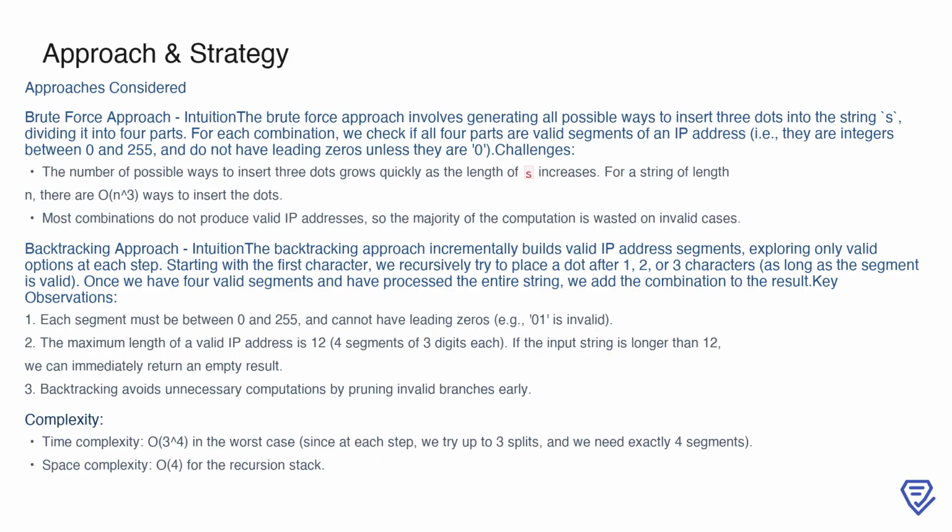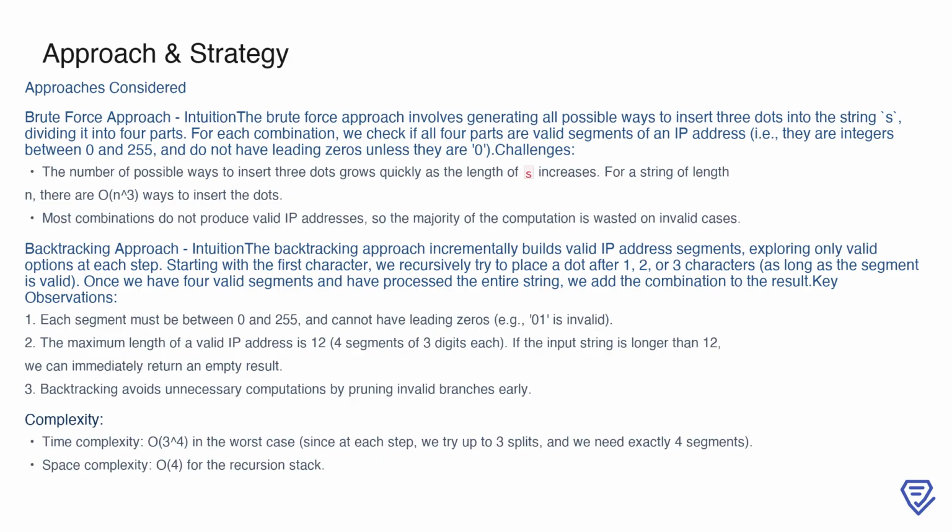While this approach is straightforward, it quickly becomes inefficient. The number of ways to place the dots grows as the cube of the string's length, resulting in O(n cubed) combinations. Since most of these combinations produce invalid IP addresses, a significant amount of computation ends up being wasted.